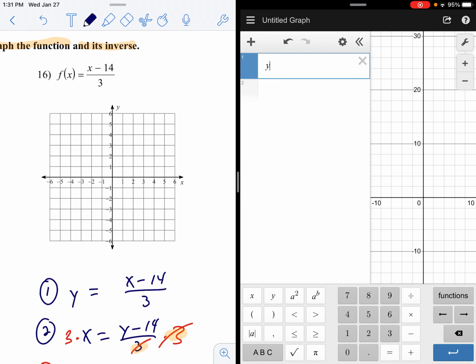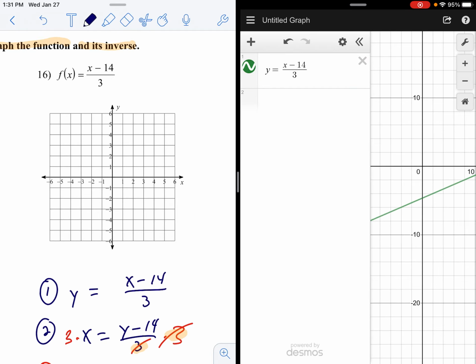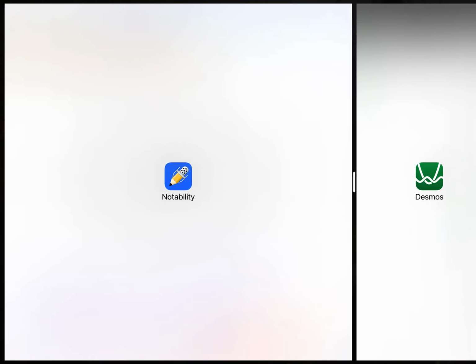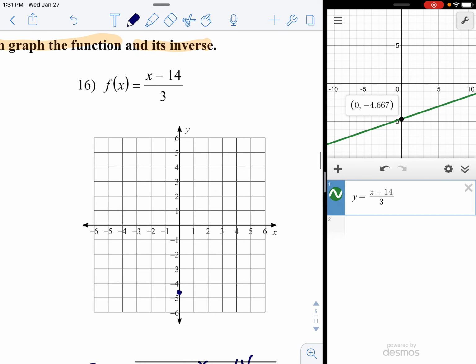So the first one, y equals x minus 14 on top and 3 on the bottom. If I go like this, then hit the home button, there we go. So the y-intercept is almost down there. Looks like 5, -3 is a point right there.